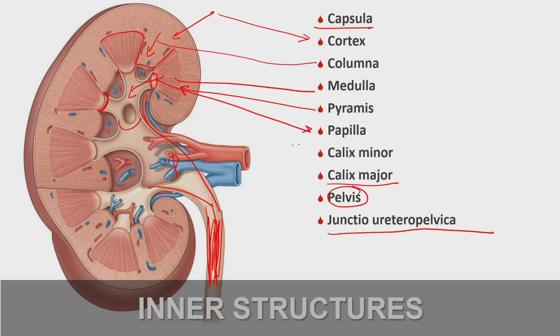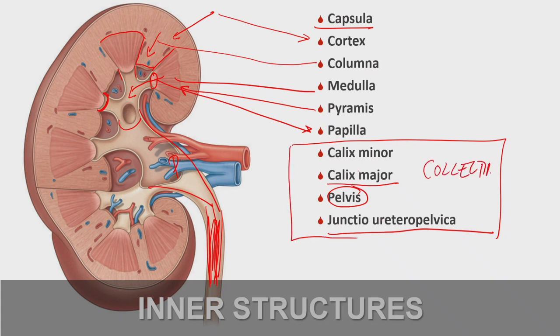Those structures here are called collecting system. And this is parenchyma.